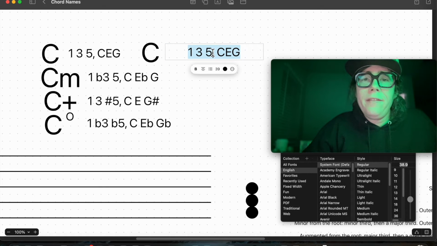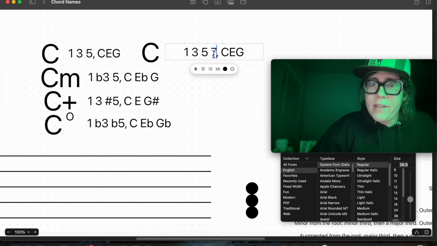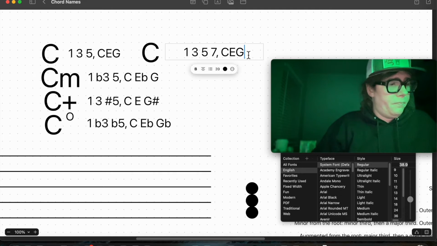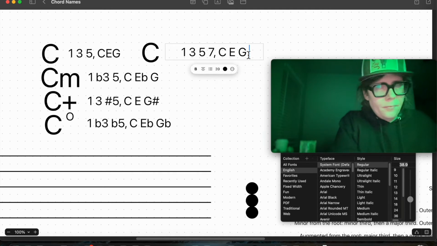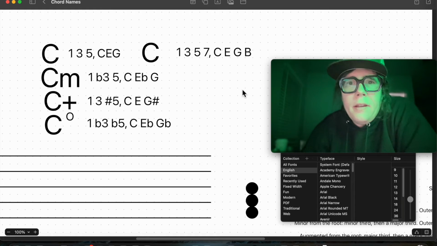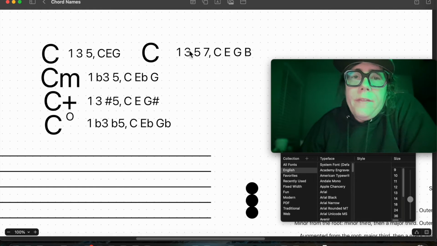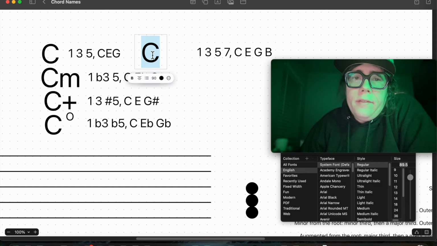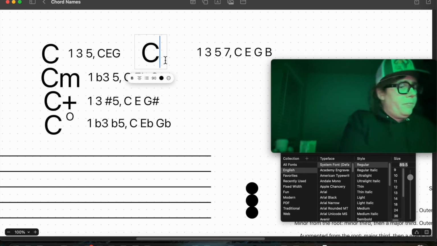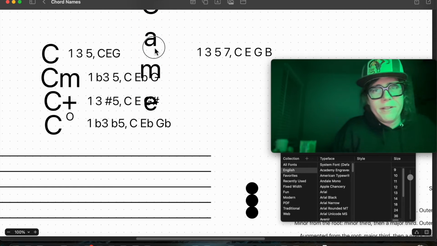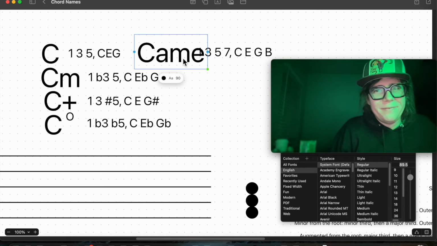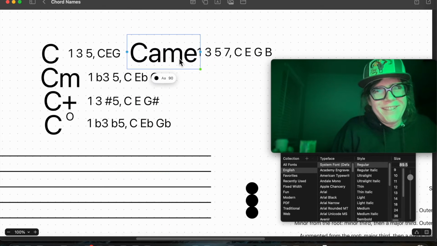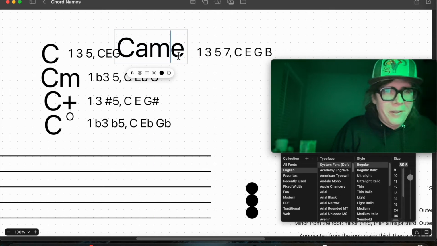And I'm gonna add that 7, scale degree 7. Capital B. And this actually gets an extra piece of information. Goodness. It's always trying to help me. It's like, don't help me.